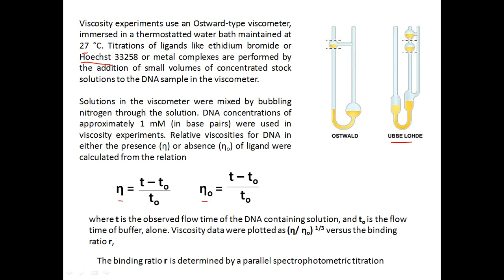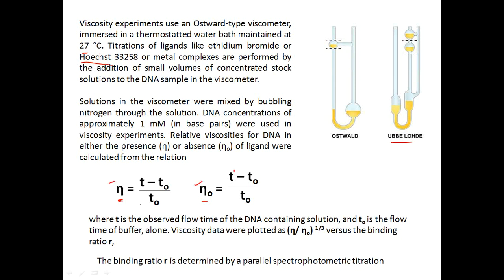So eta, in presence of ligand, is T minus T naught by T naught, and eta naught is equal to T minus T naught by T naught. Here I'll convert this into T prime to differentiate between the two. But what is measured is relatively the viscosity of only DNA and the viscosity of DNA with ligand. So this is DNA with ligand, this is only DNA.